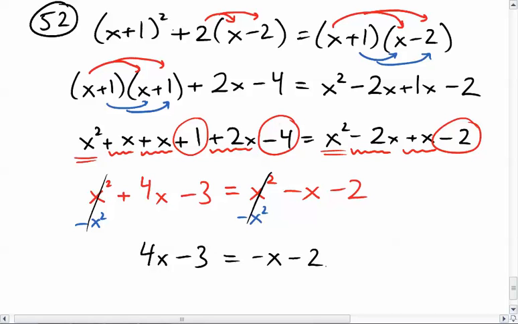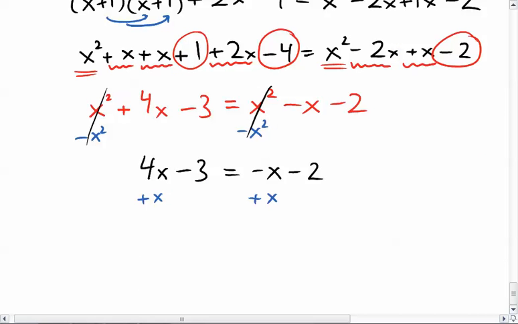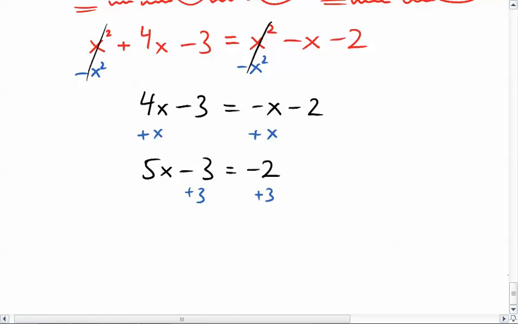Now I'm going to put the x's on one side by themselves. So let me move this x to the other side by doing the opposite operation. And I get 5x minus 3 equals negative 2. Now I'll add the 3 to the other side. And I get 5x is equal to negative 2 plus 3, which is 1.